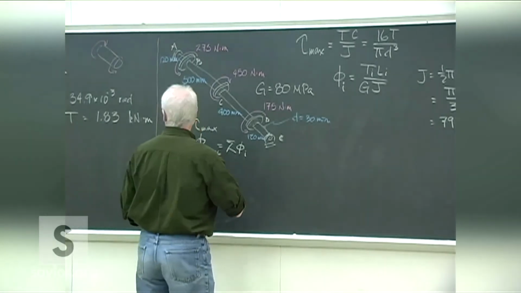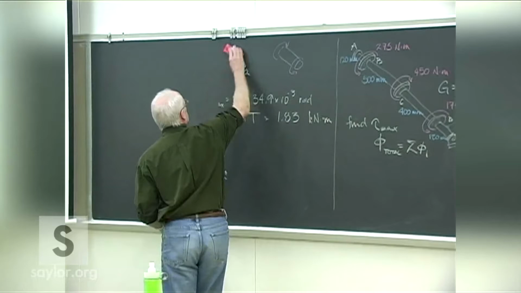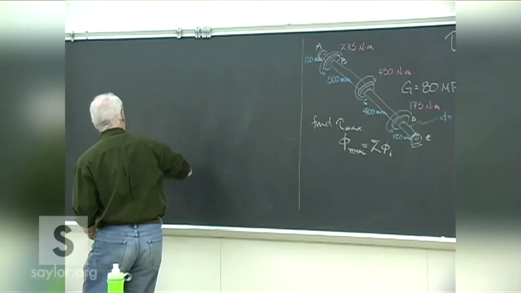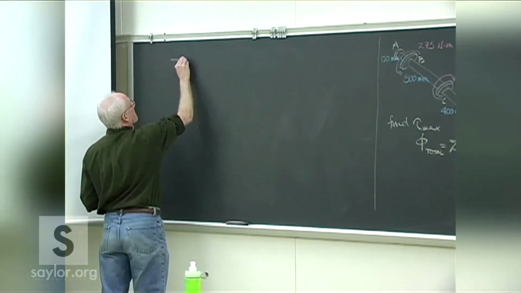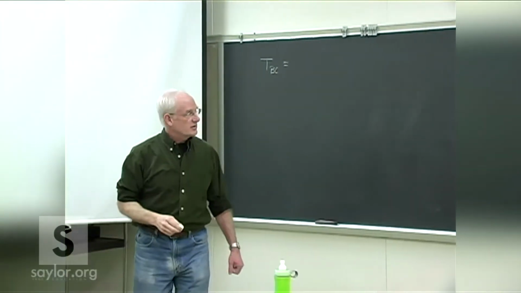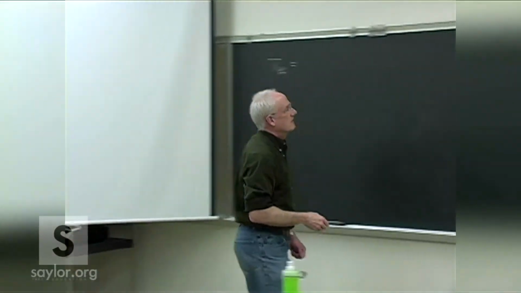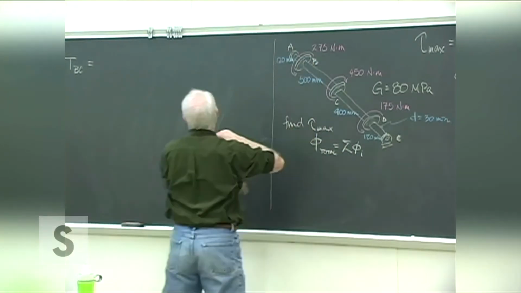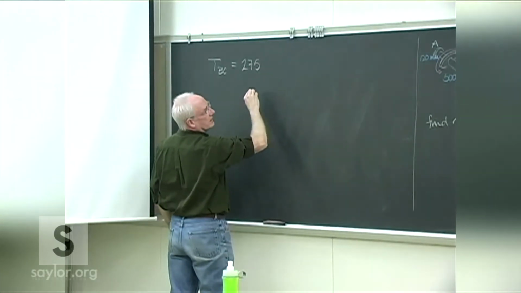All right, so as we start checking some of these, we need the torsion in the section B to C. Well, if we take off everything on the other side, we don't have the 275, so that's all the internal load in that one.